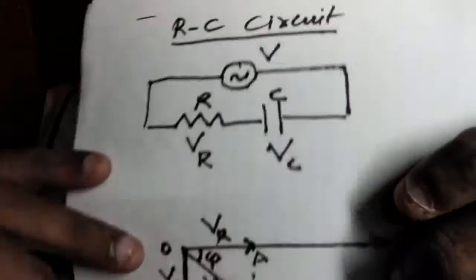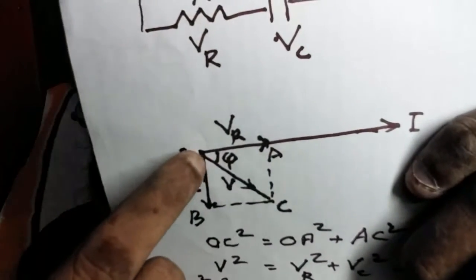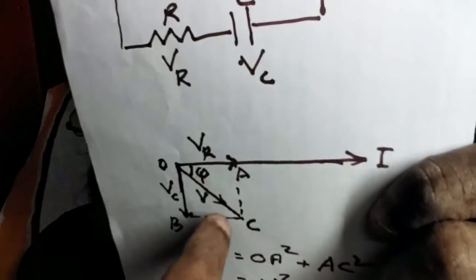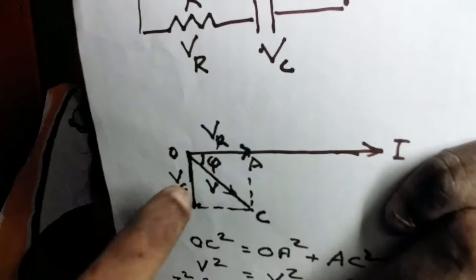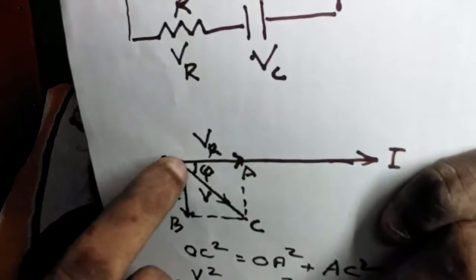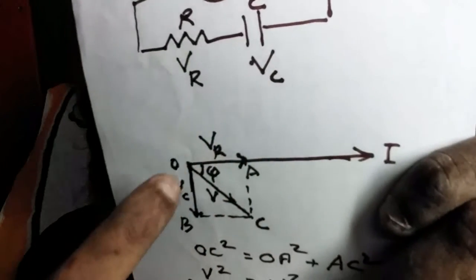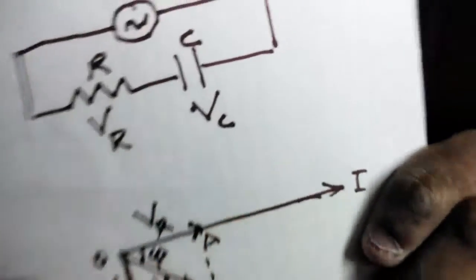Now, what is the net result? The applied or total voltage lags behind the current, because the total voltage vector is below the baseline. That means the applied voltage lags behind current by a phase of phi, given by tan phi equals VC by VR.